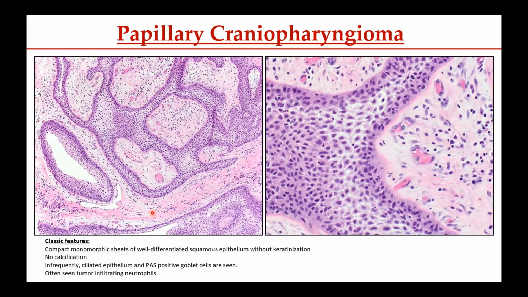Pivoting back to the histology of papillary craniopharyngioma, you have these compact monomorphic sheets of well-differentiated squamous epithelium, but unlike the adamantinomatous craniopharyngiomas, these are without keratinization. They don't have calcifications. Infrequently, you'll find ciliated cells and PAS-positive goblet cells. Another very distinctive feature is these tumor-infiltrating neutrophils.